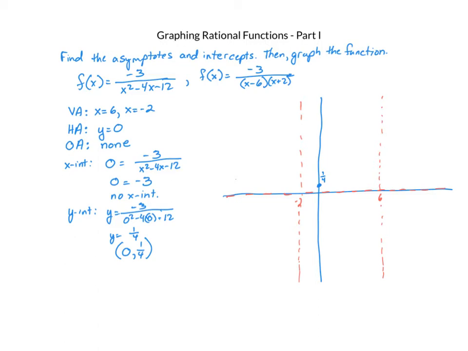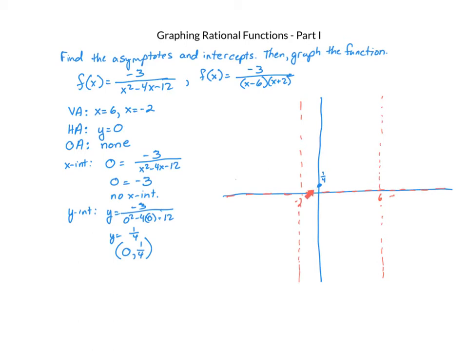We're going to graph this function. The vertical asymptotes, again, divide the plane up into 3 parts. So we'll find the graph to the right of 6, over here, in between -2 and 6, and to the left of -2. Let's start in between -2 and 6 because we have 1 point.